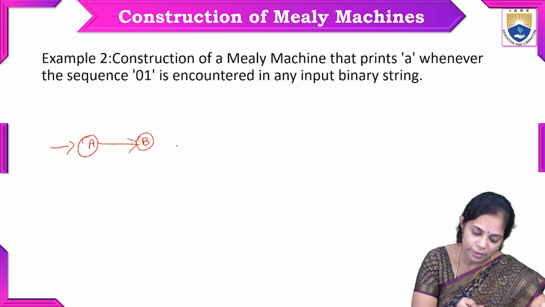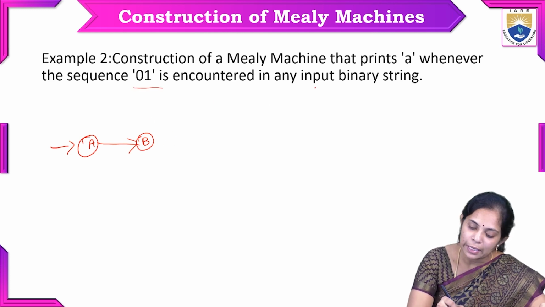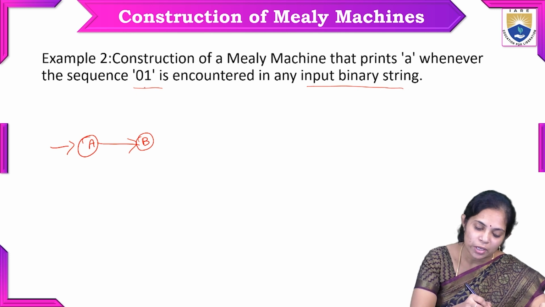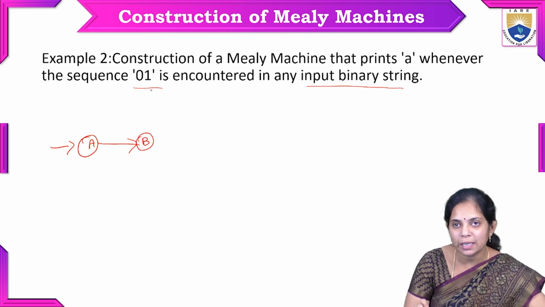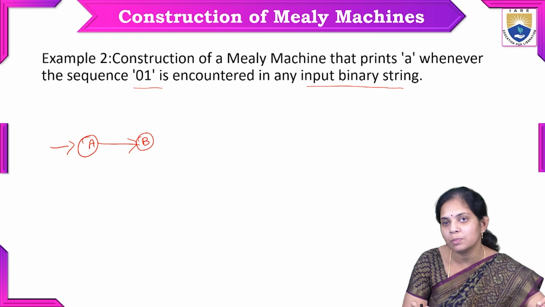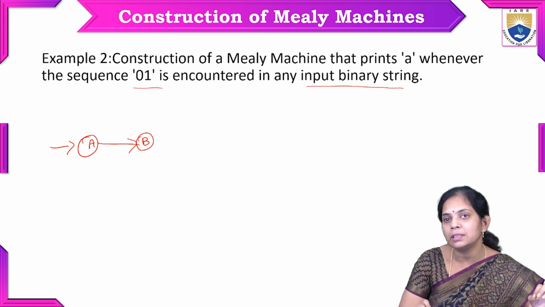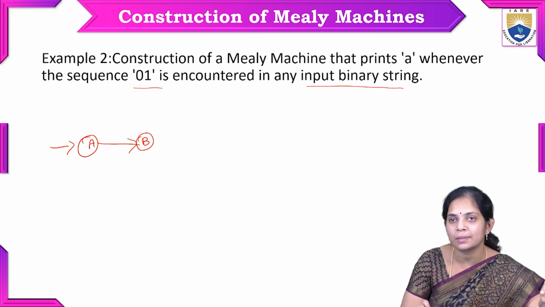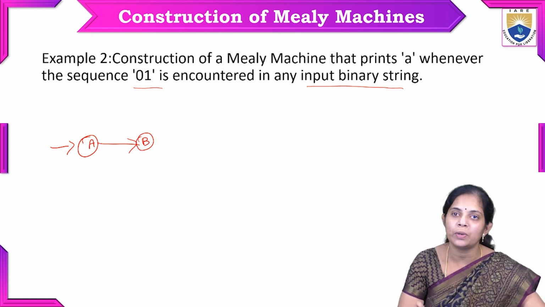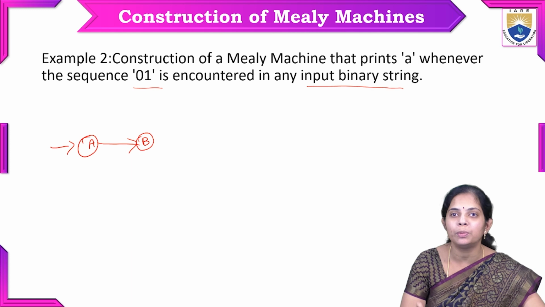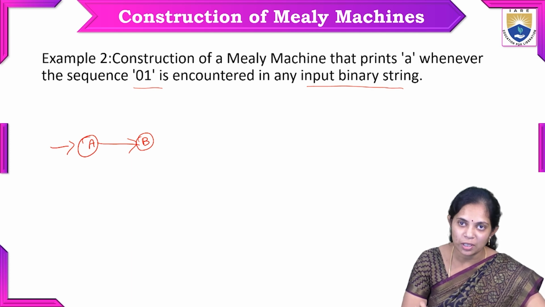What is the DFA for the 01 sequence? There is an input binary string, so there is no constraint here on the starting symbol or ending symbol. They are saying that 01 is a substring in the input string. If you encounter 01, it has to print the output A. That is the only constraint they have given.